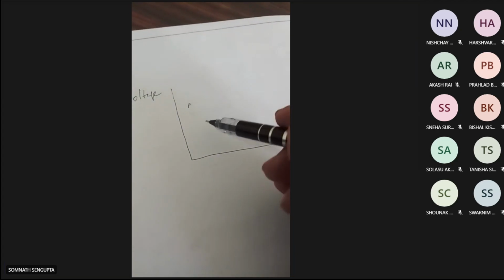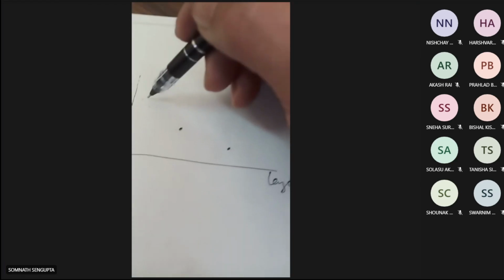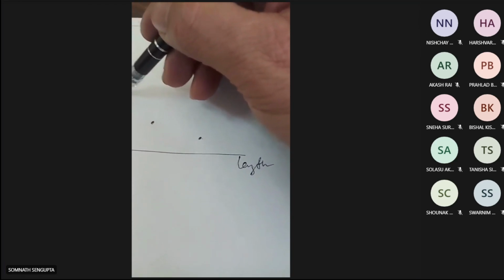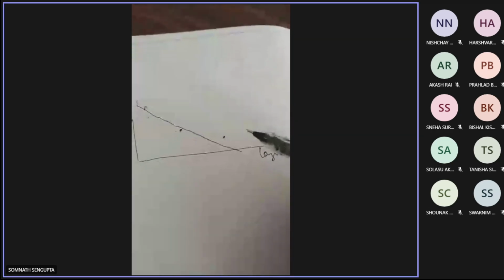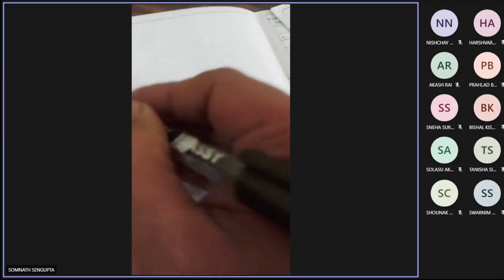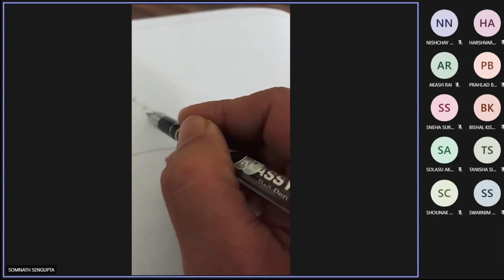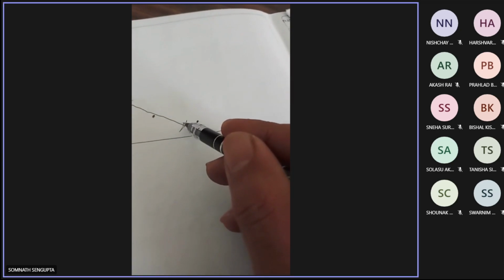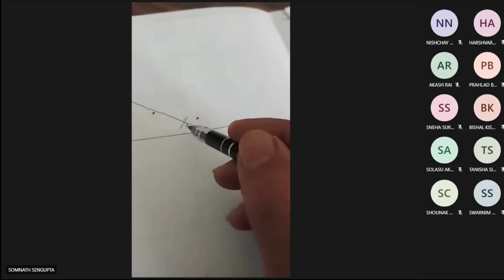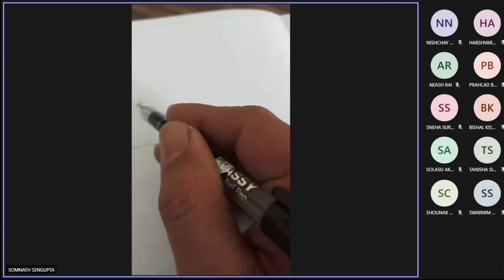Okay, and you have to draw one straight line like this. After drawing the straight line, take any 2 points from the graph. Let us say we take this point and this point.